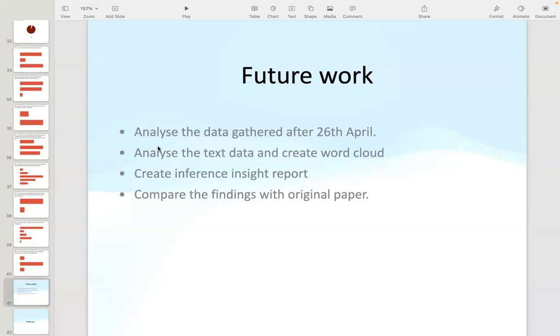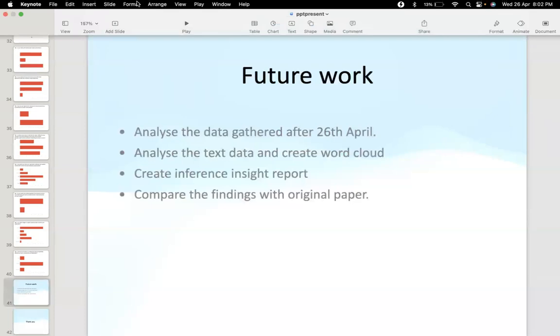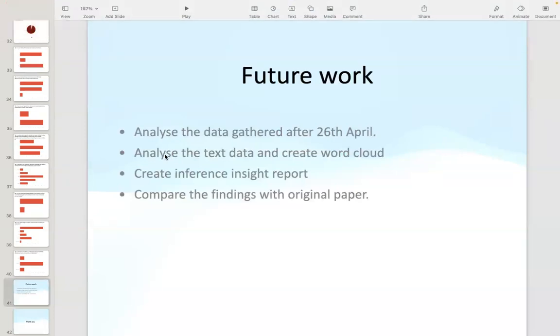So we have included all those factors and created the research questions, and the majority of the responses we have received are similar to the findings of the paper. In the future work, we would like to compare more in general, making use of the text data we have in the survey questions, and we'll be comparing that with the findings of the paper in the coming project phase. So yeah, that's it from me.